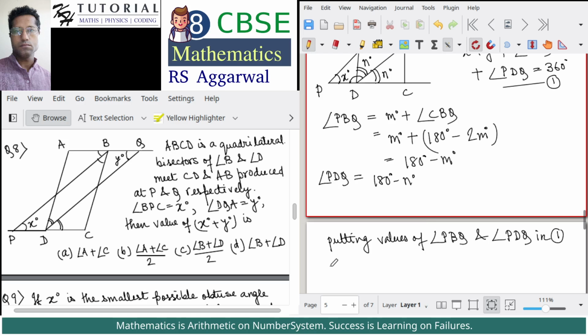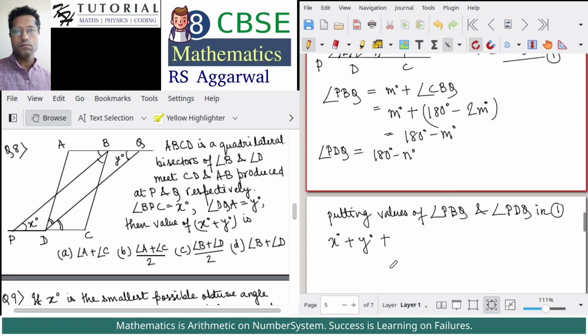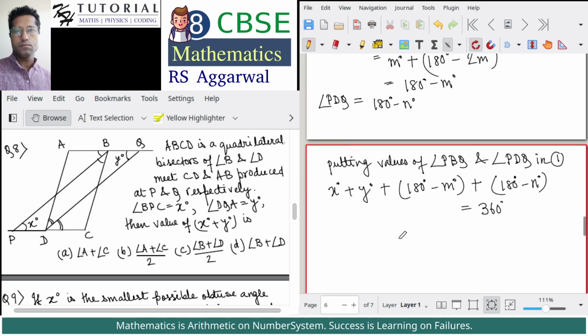Equation 1 was x degree plus y degree plus angle PBQ plus angle PDQ. PBQ we have found to be 180 degree minus m degree, and PDQ is 180 degree minus n degree. This should be equal to 360 degree. Okay, so we have this.